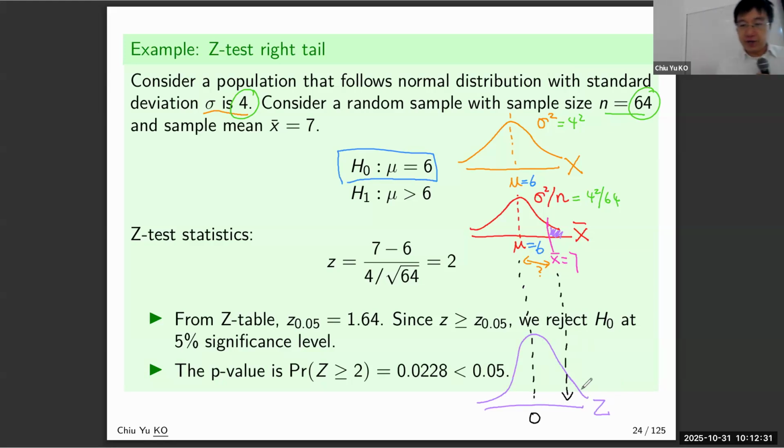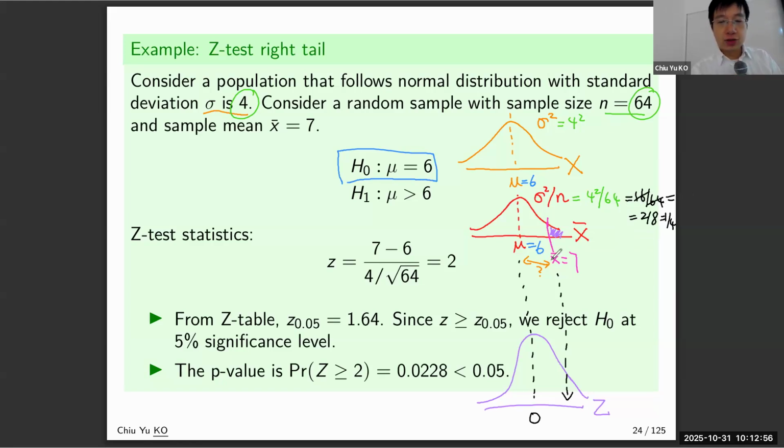The variance here is 16 over 64, which is equal to 1/4. That means the SD is 1/2.